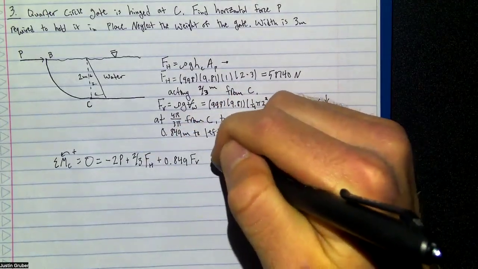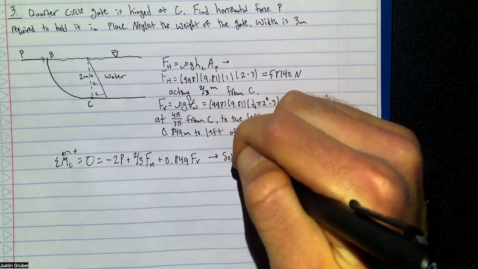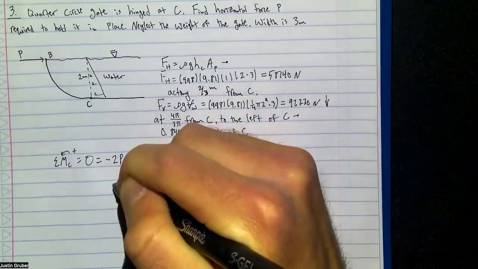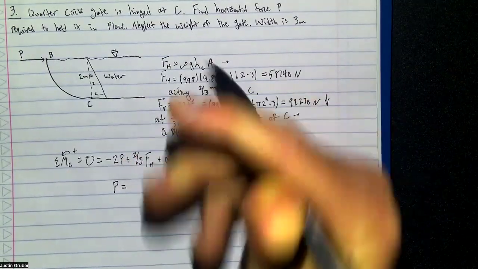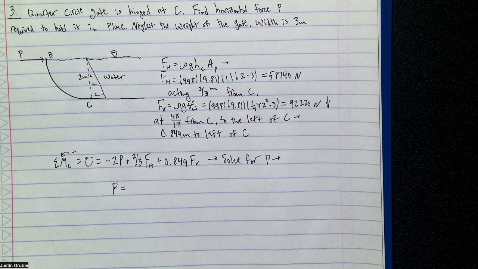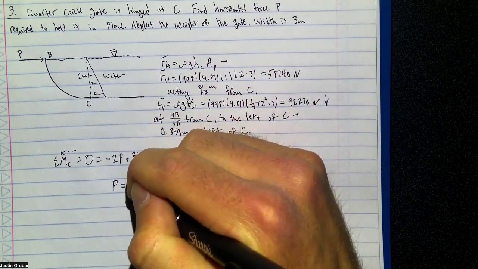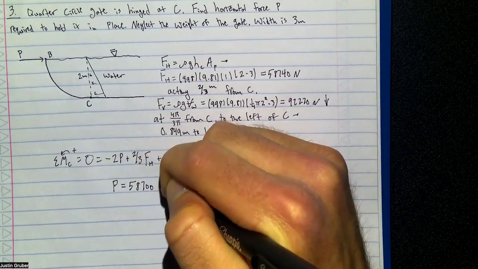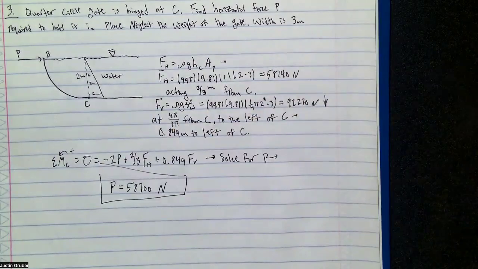Go plug everything in, solve for P. P equals, what does P equal? It's like 58,700. And you are done.